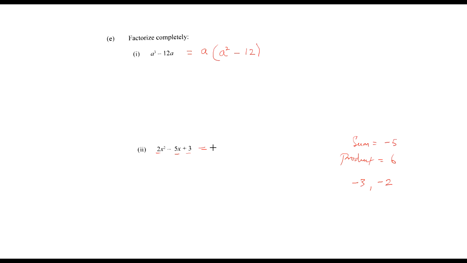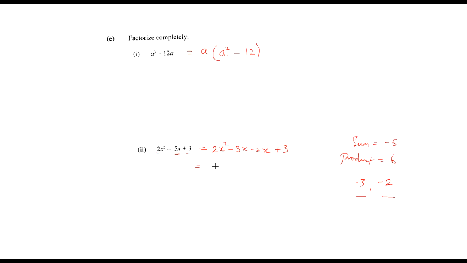So what we have to do is to write 2x squared. We're going to replace the middle term by minus 3x minus 2x. Now I'm getting this minus 3x and minus 2x from these 2 numbers that we worked out here, plus 3. Now we're going to use grouping.